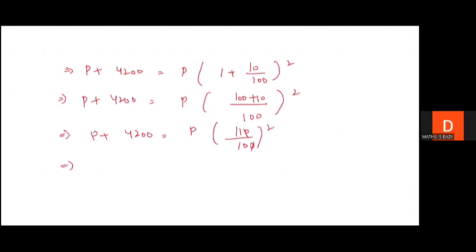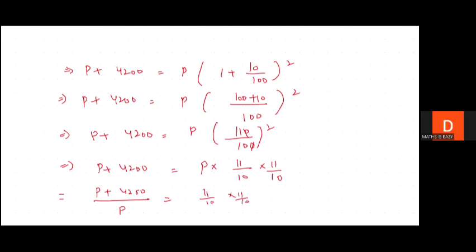So it will become principal plus 4,200 equal to principal into 11 by 10 into 11 by 10, two times. Here we bring this principal in division to the other side: 11 by 10 into 11 by 10.